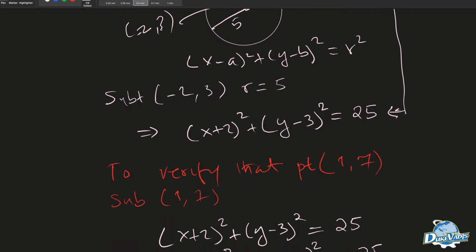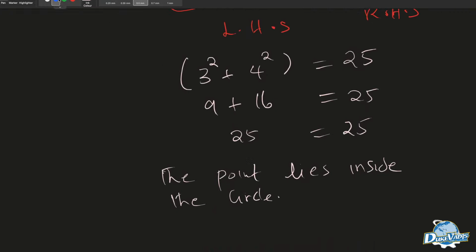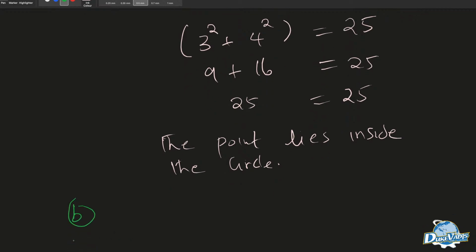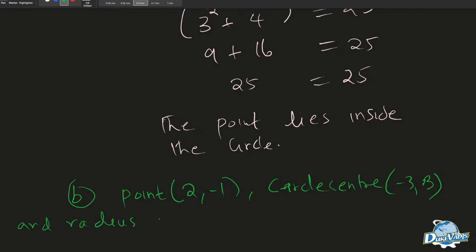Now let's test with another point. Our next point is (2, -1), and a circle with center (-3, 3) has been given, and the radius is 5.